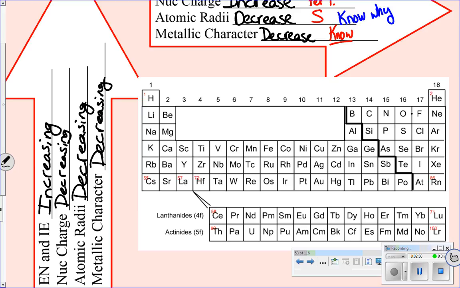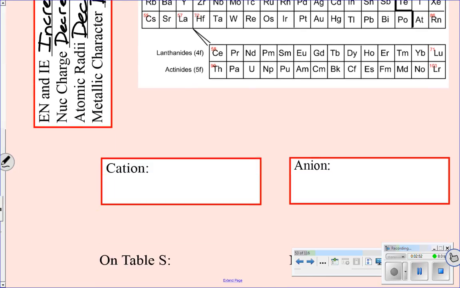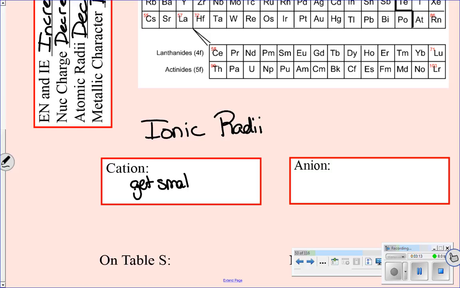The other trend that you need to really know is what happens to cations and anions. This is what is called ionic radii, and this involves electrons being gained or lost. So if you have a cation forming, it has lost electrons. It is going to get smaller.